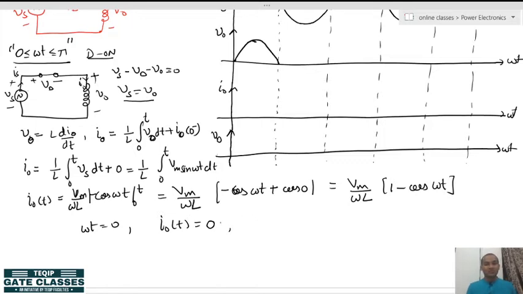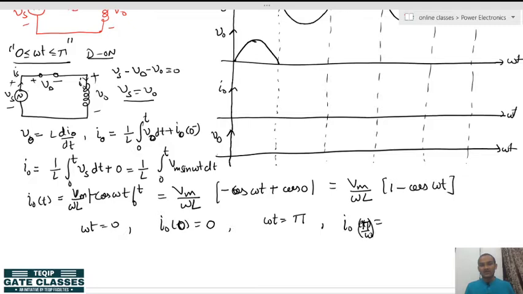Now let us move on to another limit. When omega t is equal to pi, you will get I naught at pi by omega.